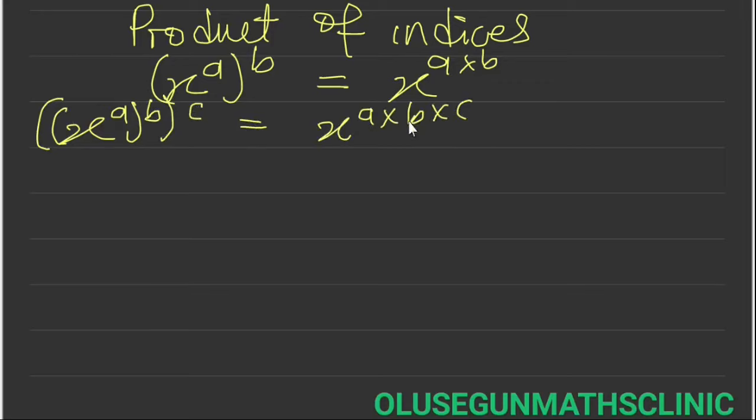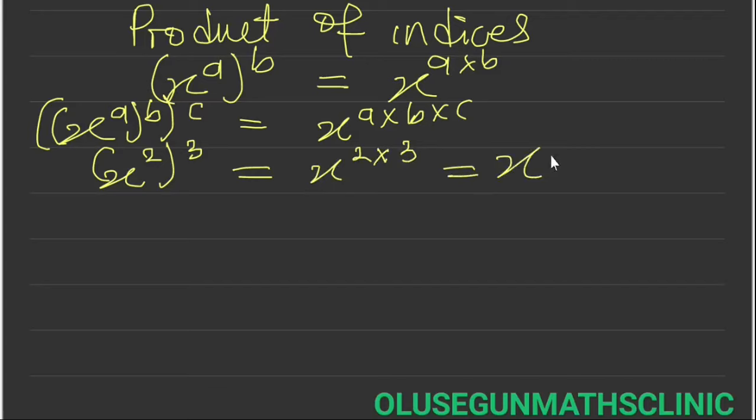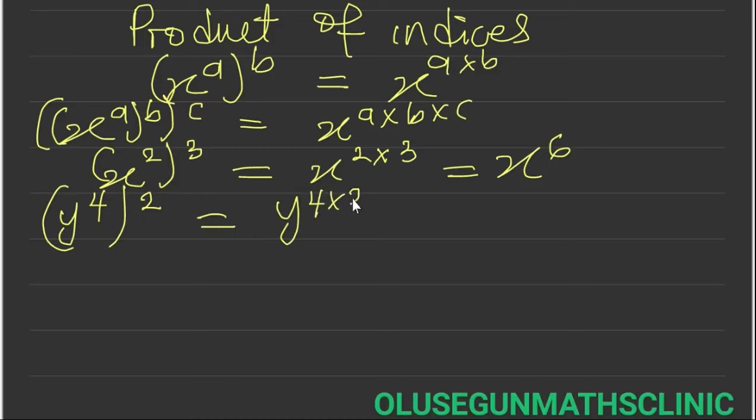That's all. So, for example, we were given a value like s squared raised to power 3. So the answer will be s raised to power 2 times 3, which is equal to s raised to power 6. Another value, maybe somebody gives you y raised to power 4 at the same time raised to power 2, it will be equal to y raised to power 4 times 2, which is equal to y raised to power 8.